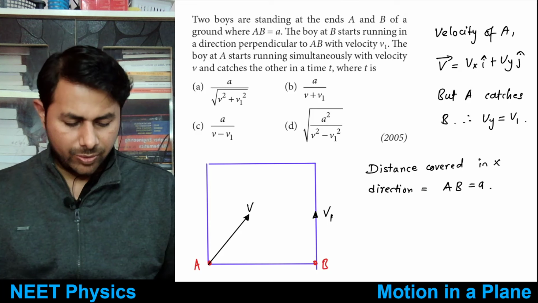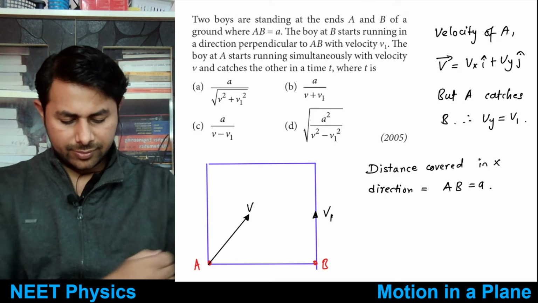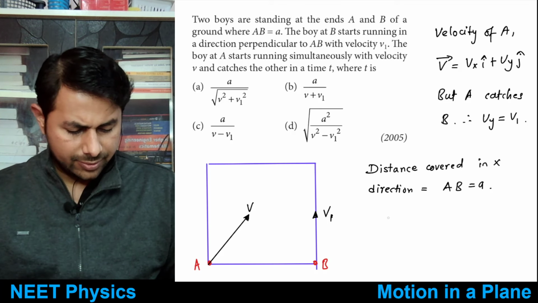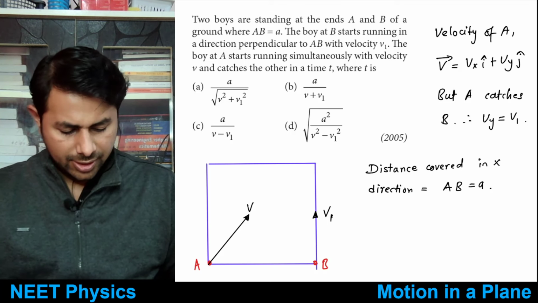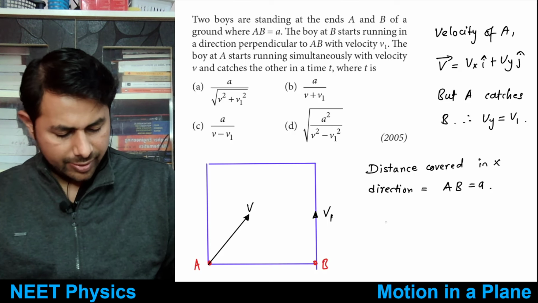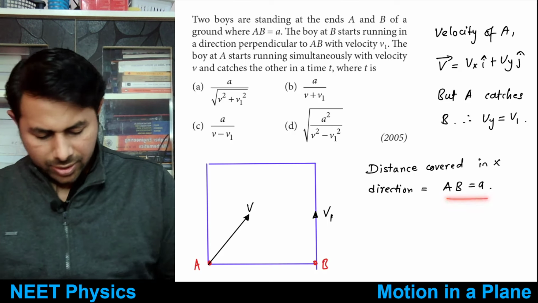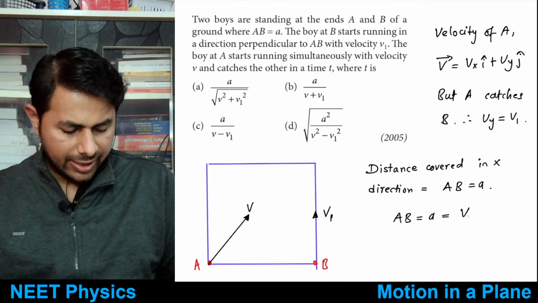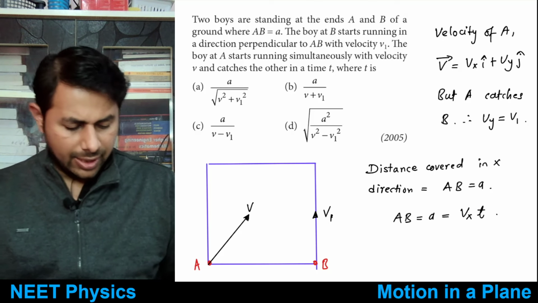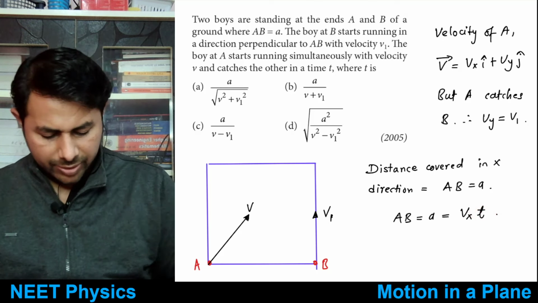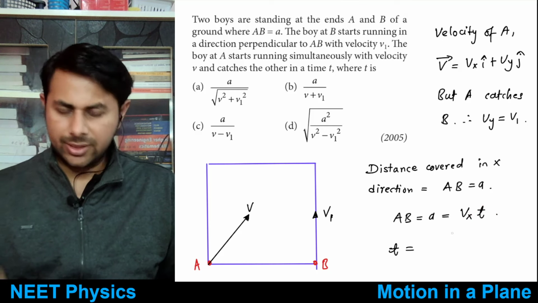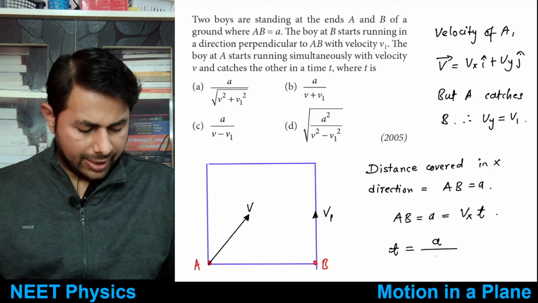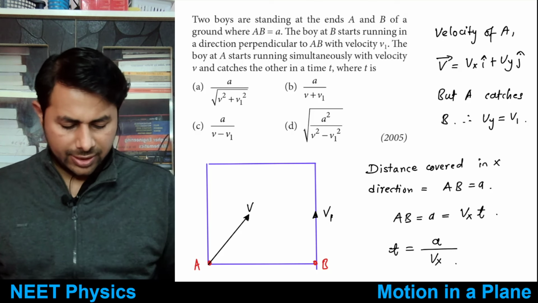So AB, which is equal to a, will be equal to Vx times t. And you want time, so t is just equal to this distance covered, a, divided by Vx, velocity in x direction.